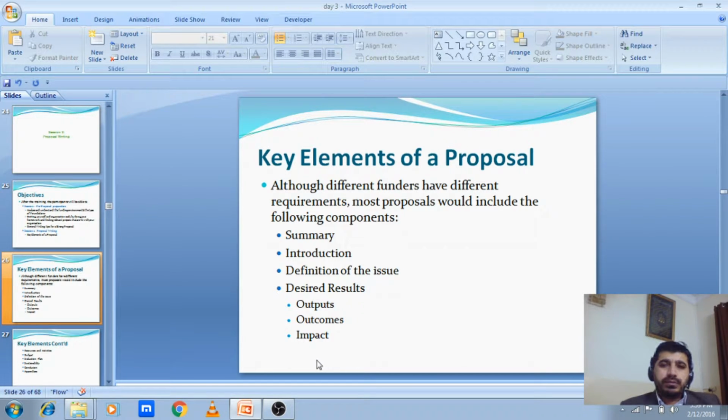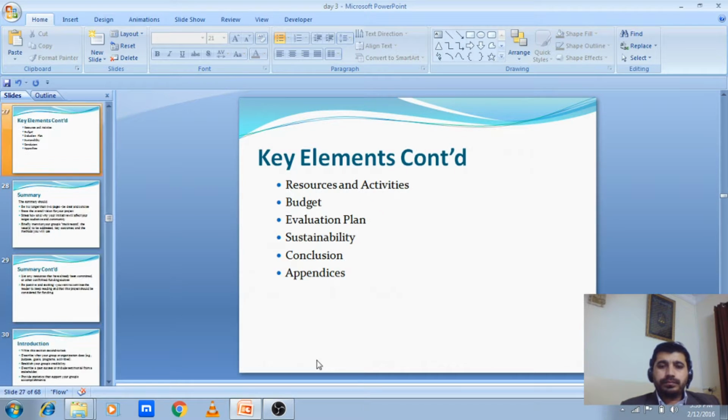Then desired results, and we have divided the desired results into 3 different components, which are the output results, the outcome results, and the impact. I'll be discussing this in detail. Then comes the area of resources and activities, what type of resources and what type of activities and how you can put them in your proposal.